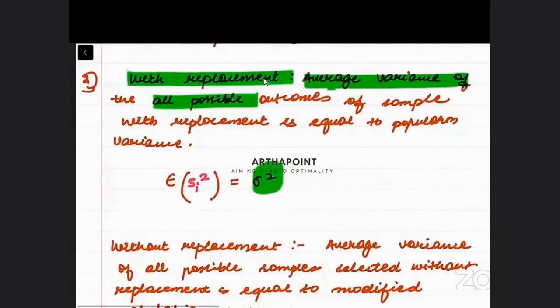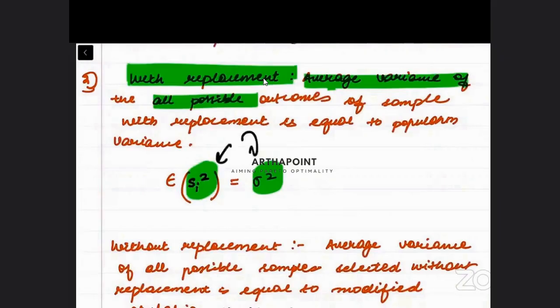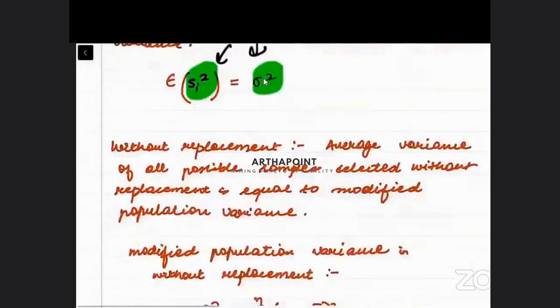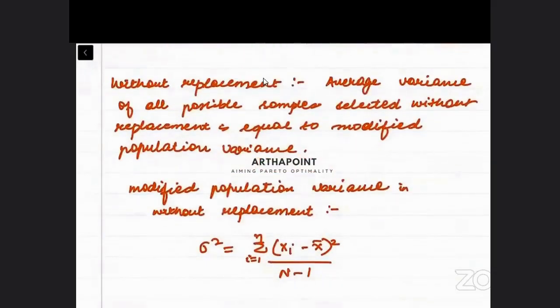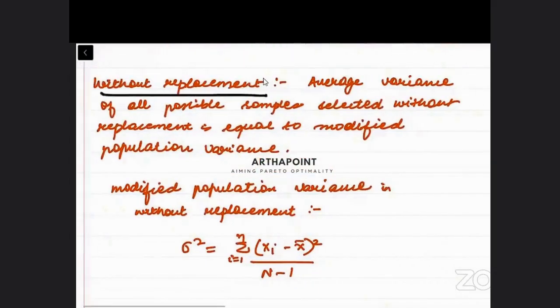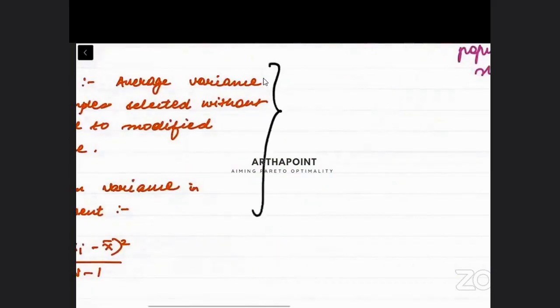So when I talk about with replacement, I am saying that the sigma square by n, the variance that you find for X bar, is an unbiased estimator of sigma square. Then we talk about what happens without replacement. Without replacement, the variance was sigma square by n times N minus n by N minus 1.